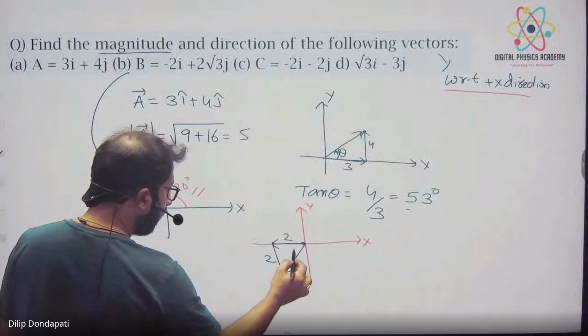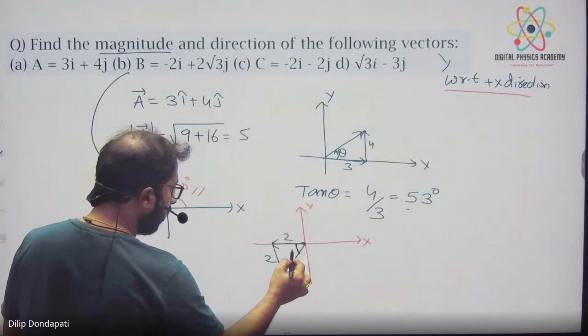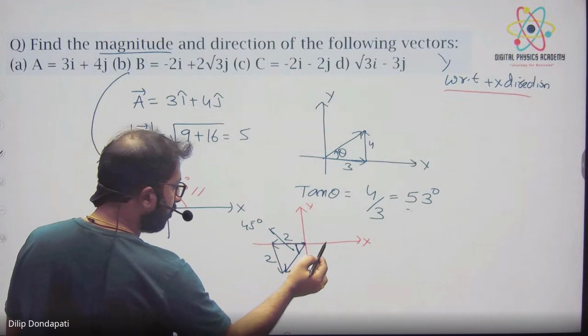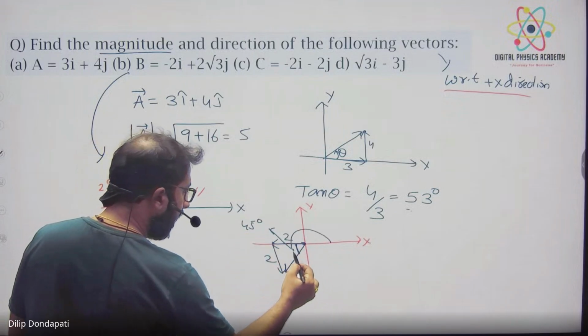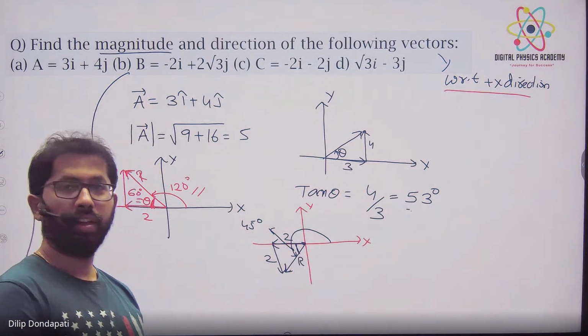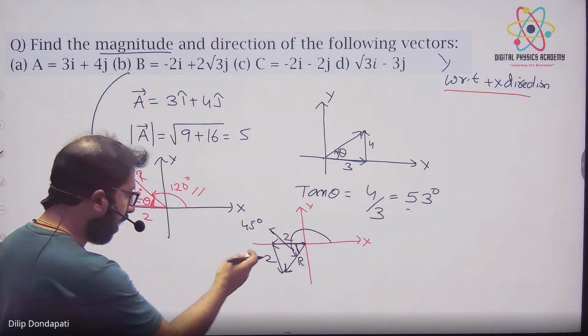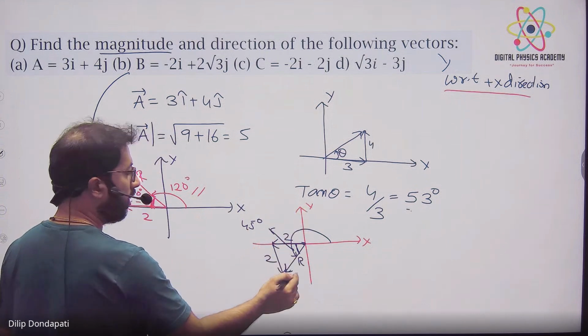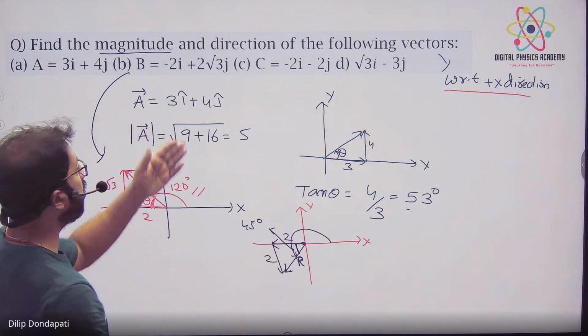This angle is theta, and you got 45, right? But with respect to the x-axis, how much is this angle of the resultant vector? So it will be 225. You have to add 180, because I want the final resultant vector, that is the C vector.